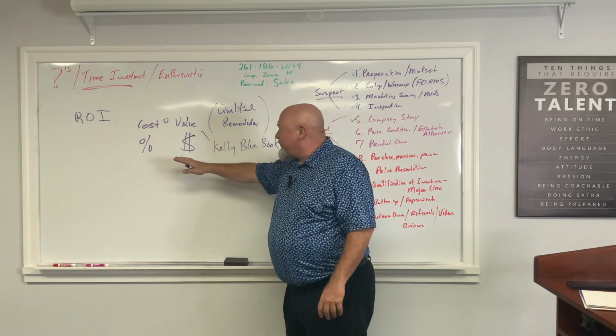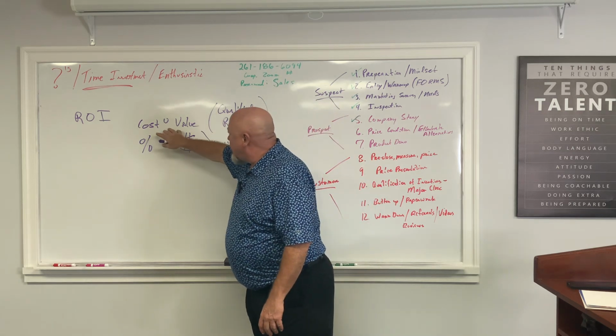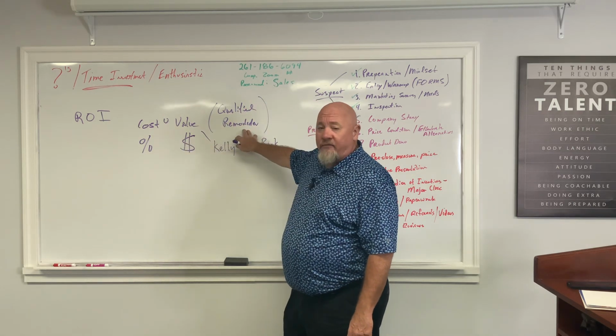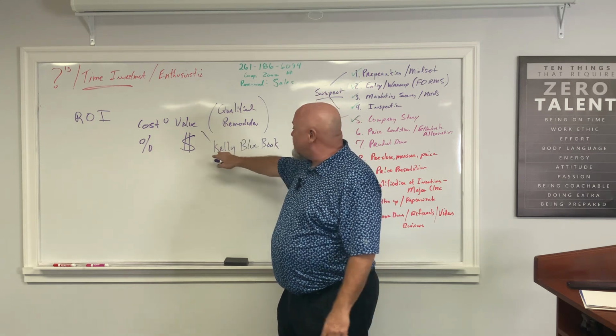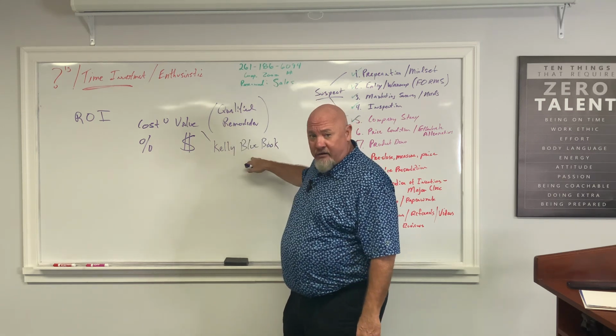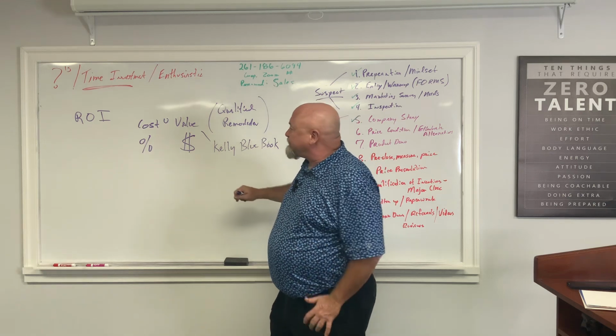But in general, price conditioning, we're using that cost versus value that's put out by Qualified Remodeler, the same magazine that ranks us. We refer to it as the homeowner, as the Kelley Blue Book of remodeling, so they understand what it is.